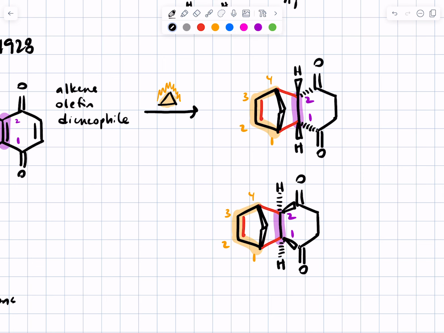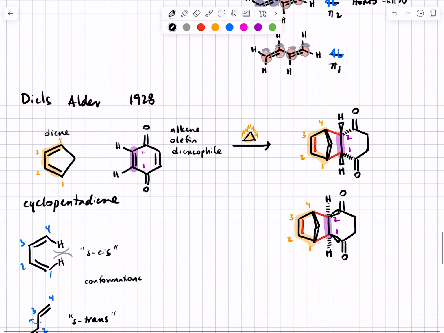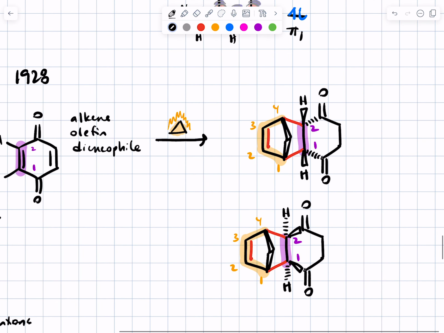So let's talk about what's going on when you make this reaction. When the reaction occurs, you make a new sigma bond between carbon 4 of the diene and 1 of the dienophile. I guess we can use color 4 and 1. Whoops. Let me try that again.